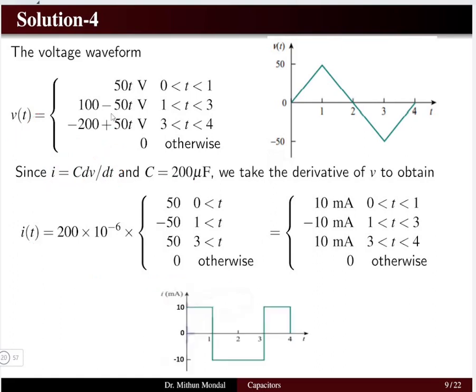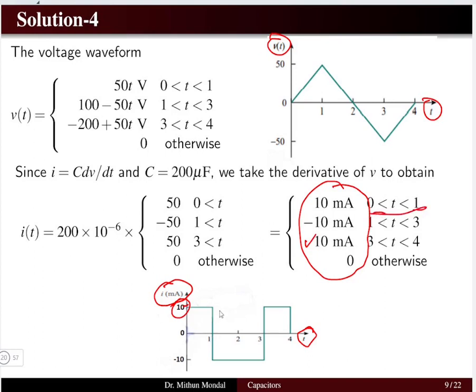Now after that, once we have obtained this magnitude of the current, we can obtain the corresponding current graph with respect to time for the given voltage with respect to time graph. So here the maximum magnitude is 10, because we have the 10 here as the maximum magnitude, and from 1 to 3 seconds you can see the magnitude is 10 milliampere.